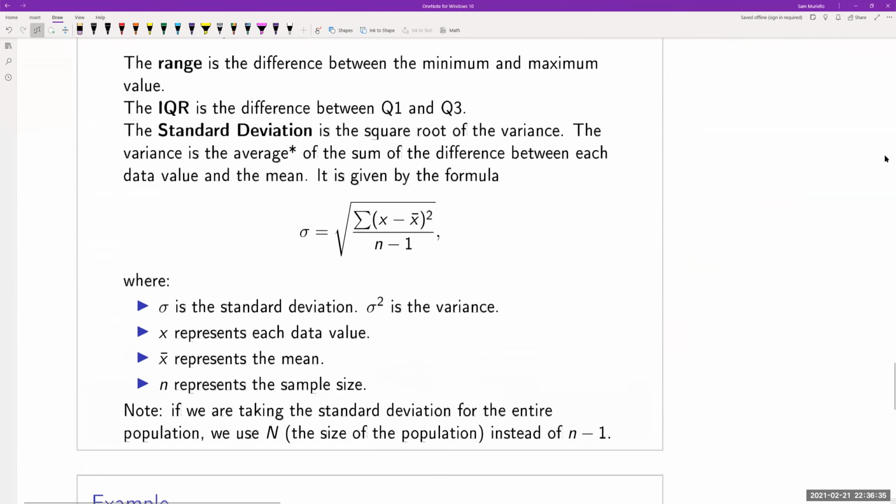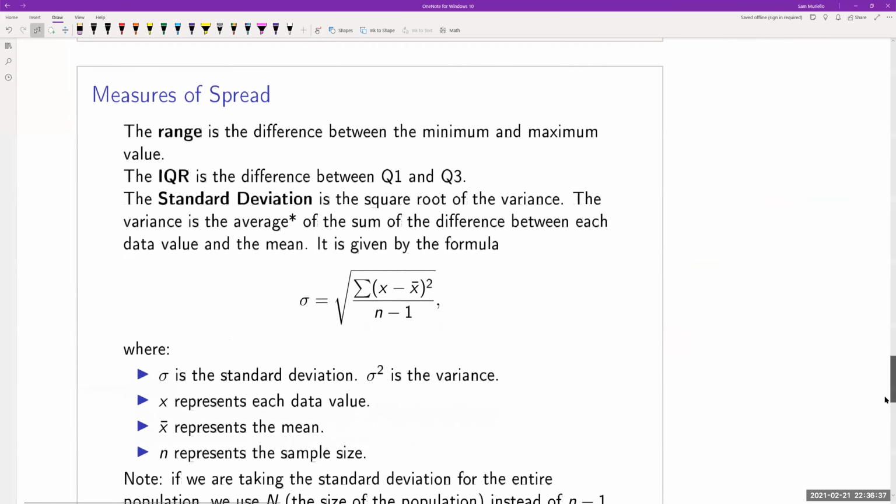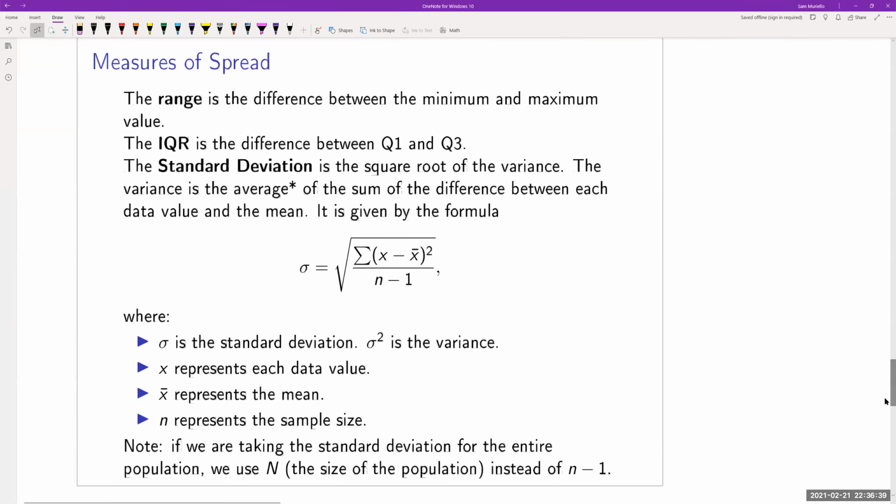The final thing we want to talk about today is measures of spread. Spread tells us how a data set is spaced out. If I know that the center of my data is 300, for example, that might mean that my data is between 297 and 303, or it might mean that my data is between 50 and 1,000.